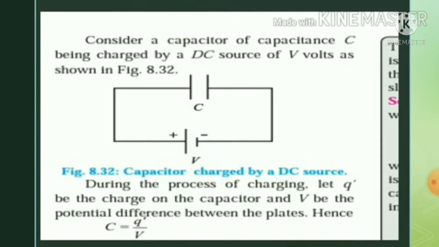In the process of charging the capacitor, let Q dash be the charge stored in the two plates, that is, the first and second plate of capacitor C. At that time, the corresponding potential applied is V.